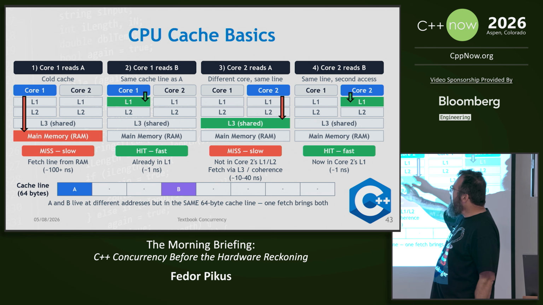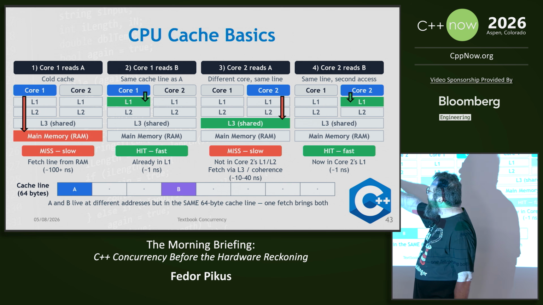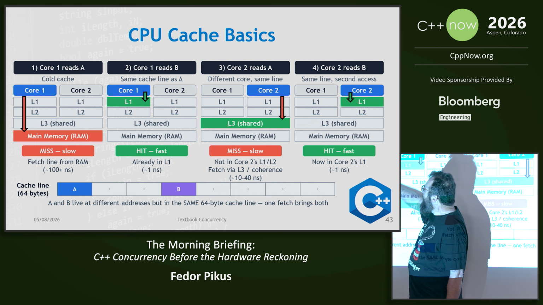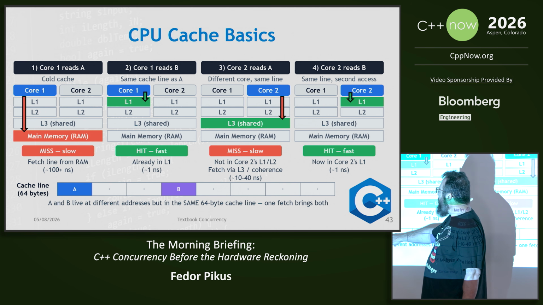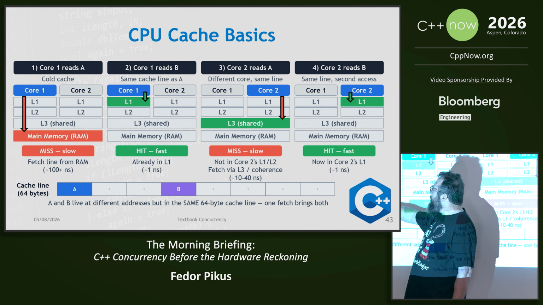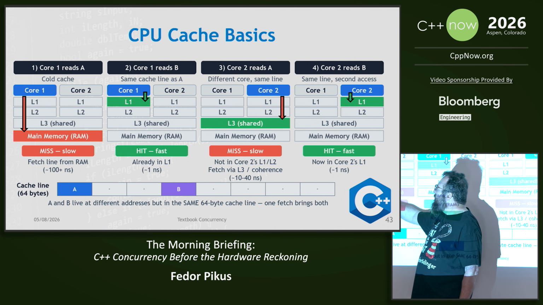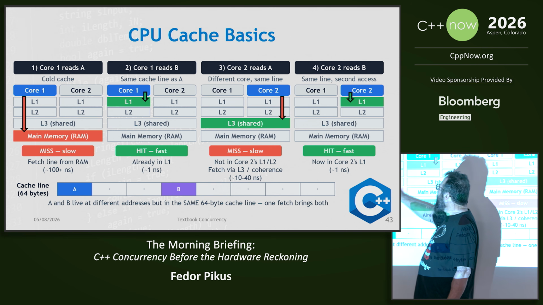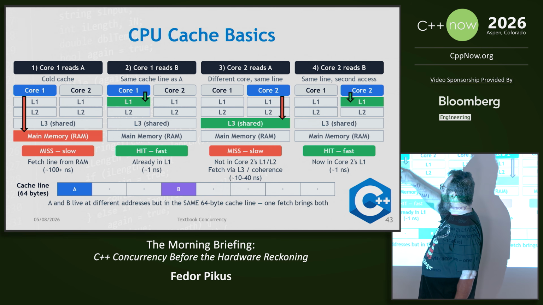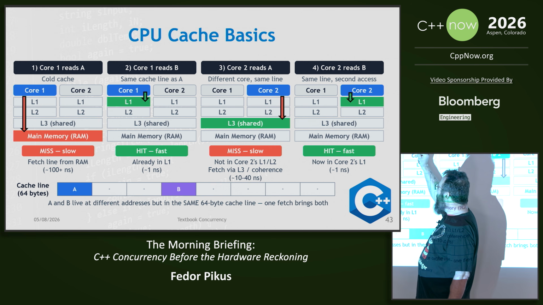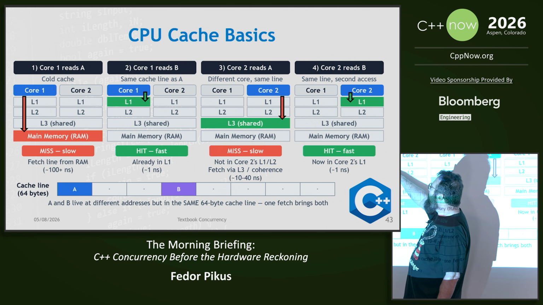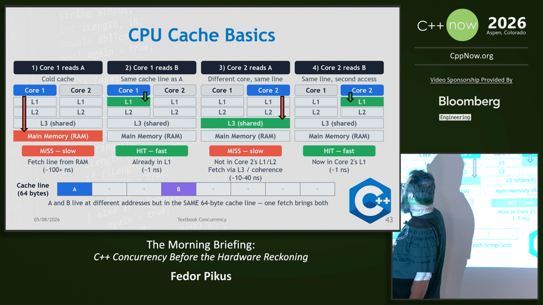Basically this is how it works in a concurrent system. Core 1, let's say, reads the value of A from a cache line that hasn't been read yet. Well, you have what's called a cold miss, and it fetches all the way from main memory. Now that cache line is in the L1 cache of core 1. You read the value of B. It's very fast. It's already in your cache line.